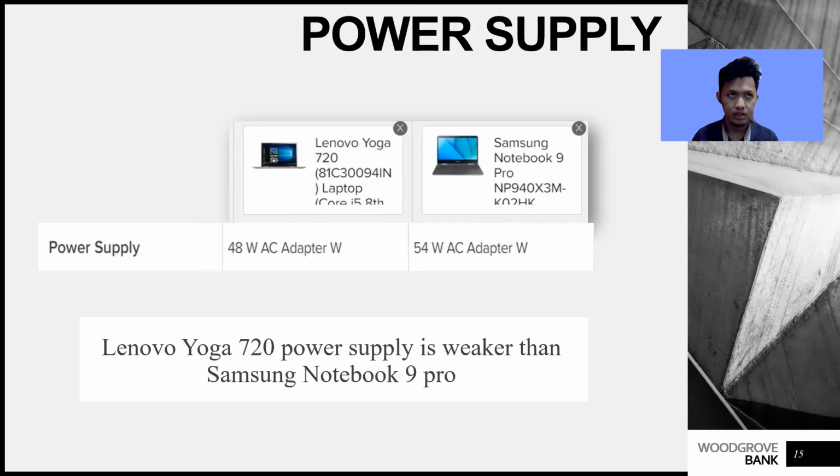It's used to convert AC or DC power. Lenovo Yoga has a 48 watt AC adapter, and Samsung has a 50 watt AC adapter. So in this case, Lenovo Yoga power supply is weaker than Samsung Notebook 9 Pro.